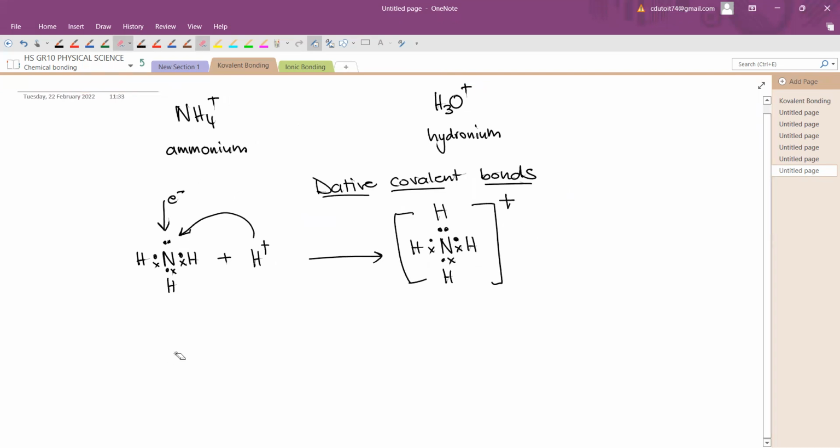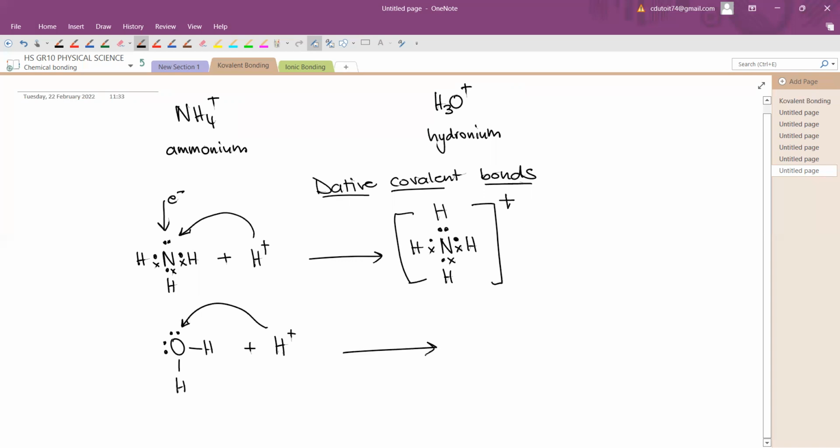Okay. Now we also have water here. Hydrogen bonded to oxygen. I'm going to do a Cooper's diagram of this. And then the same thing happens when we have a hydrogen ion, not an atom, an ion. It doesn't have any electrons. It goes and bonds to that pair of electrons there.